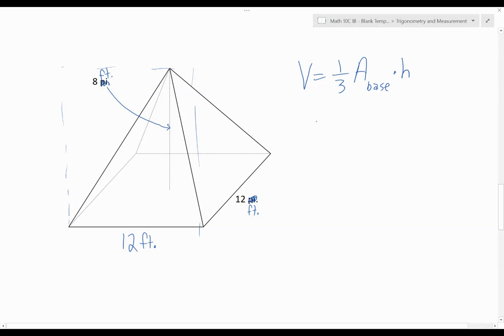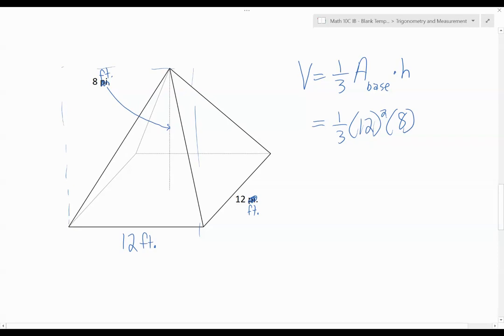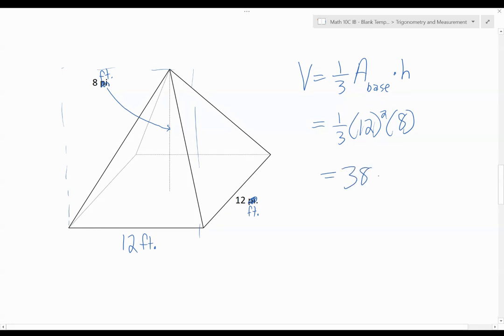So the area of the base here, well, that's a square. So this is 1/3 times 12 squared times the height, which is 8. So 12 squared is 144 times 8, and then dividing that by 3, we get 384. And in this case, this is cubic feet.